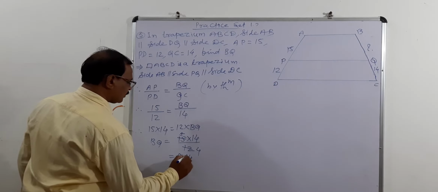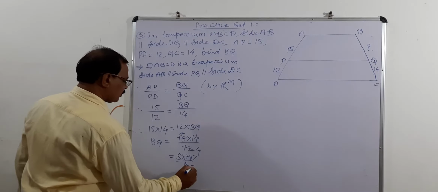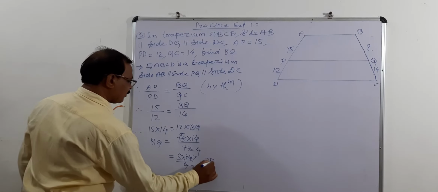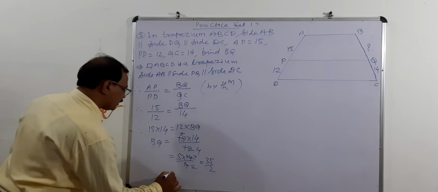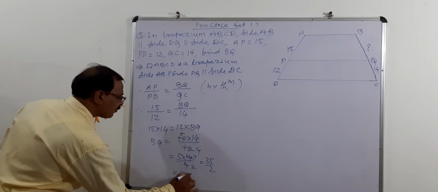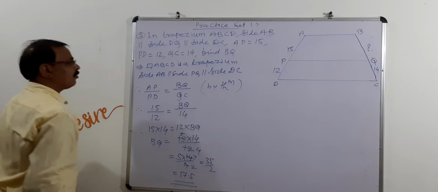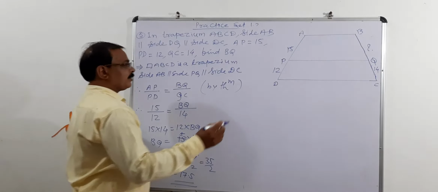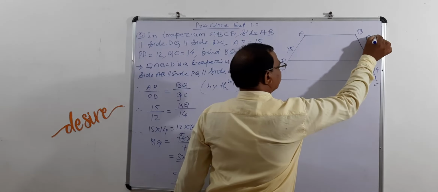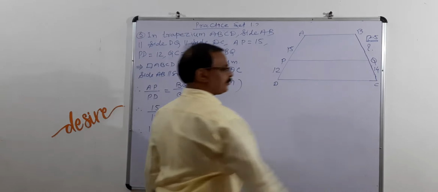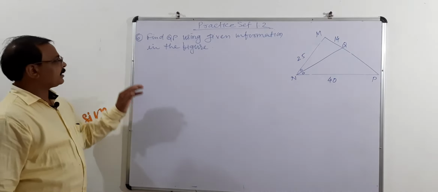Therefore, 7, 2 are 35 divided by 2. The answer is 17.5. So the value of BQ is nothing but 17.5. Okay.